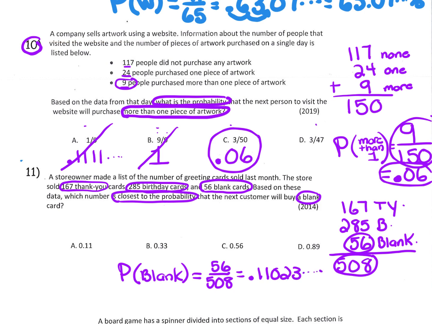Now remember, we're looking for the closest to this particular probability. And if you look through your choices, you should see it's letter A. Now let's turn the page and work on more probability.